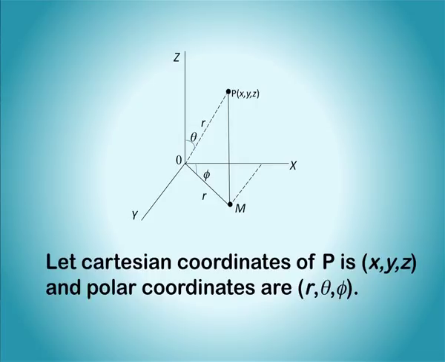We take a point P, x, y, z in a Cartesian three dimensional coordinate system. But for the other coordinate system, we have considered cylindrical coordinates, and so we have written r, theta and z. If you remember the figure, there were 3 axes: the x axis going to my right hand side, the y axis coming to me, and the z axis going to the top in front of me.